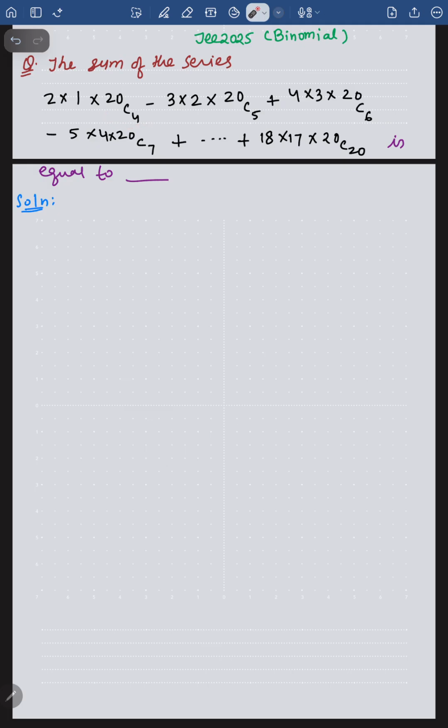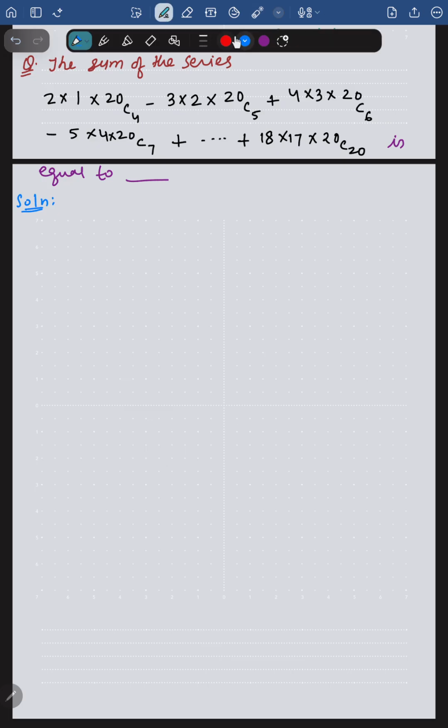So here also we will assume that it is the expansion of 1 minus x power 20, and we will consider the term where it comes to 20C4. The alternating minus and plus signs also indicate the expansion of 1 minus x power 20. So first of all we will start with that. Let us take the expansion of 1 minus x power 20.